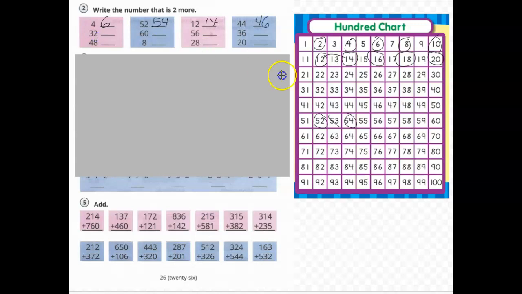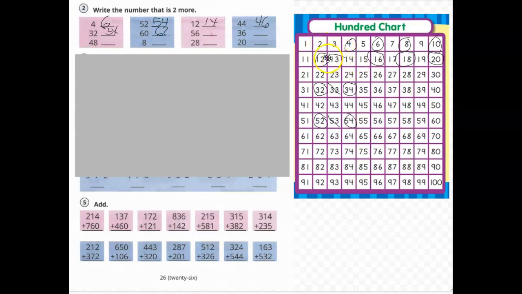So I'm at 32. If I'm at 32, I write 1, skip 1, write 1. So I'm going to write 34. And if I know my twos, I just know that after 60 is 62. So those are the 3 ways you can do this page, this top section, okay?